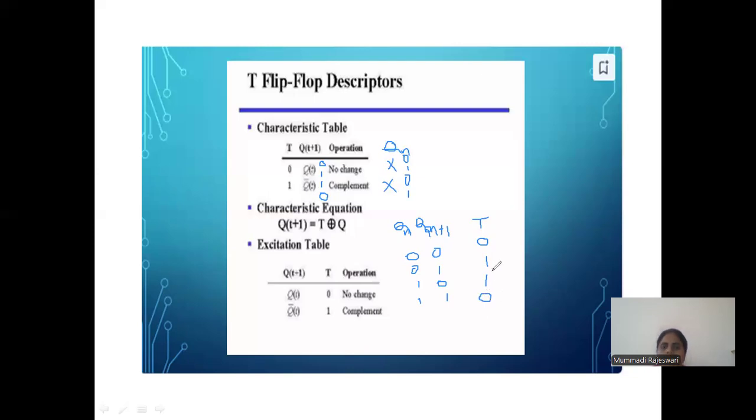This is the excitation table of your T flip-flop. Excitation table means you need to consider both the present state and next state inputs, that is 0 1 1 0.